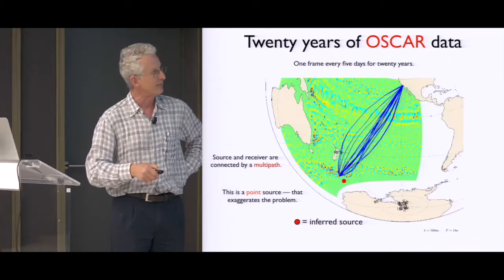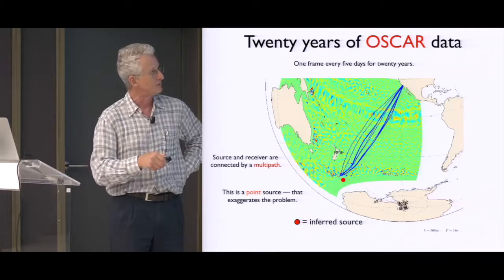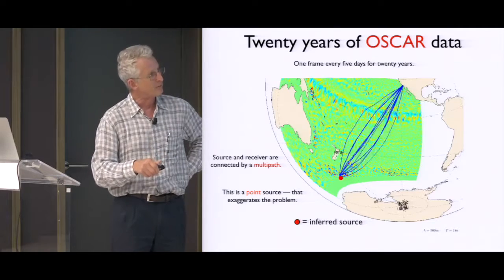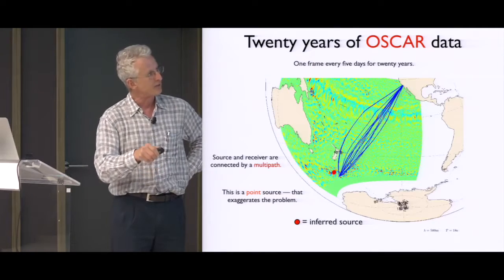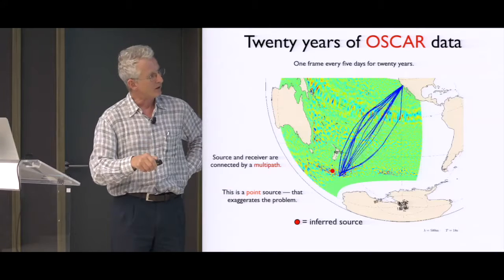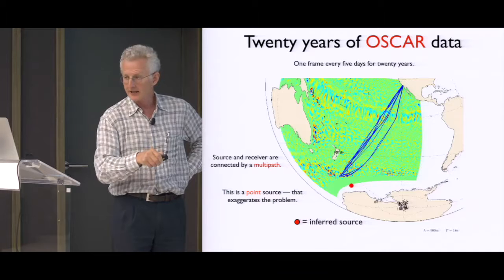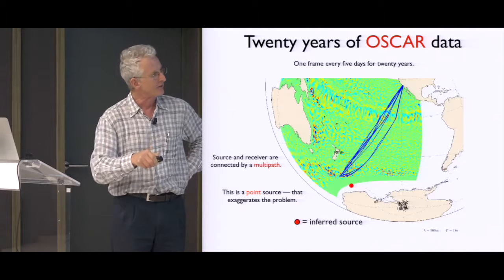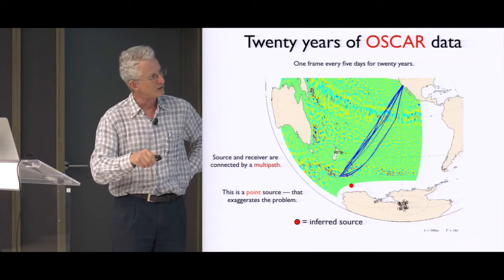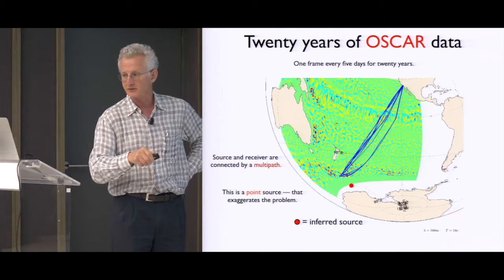So the basic idea, and of course this is a point source, which is exaggerating the problem, but the point is even with a point source, if you take the mean of the directions, it's an unbiased estimate of the location of the source. So in other words, there's no systematic error here. If you do enough averaging, you will, in fact, get the right location for the source.